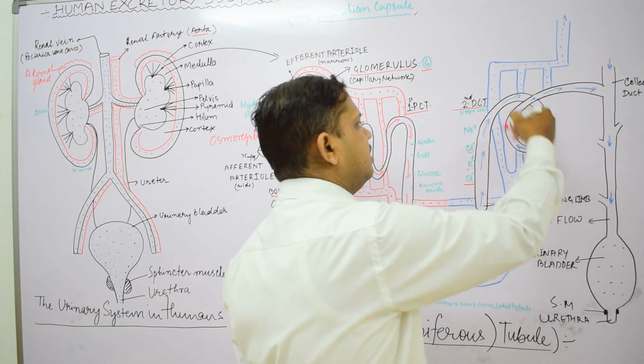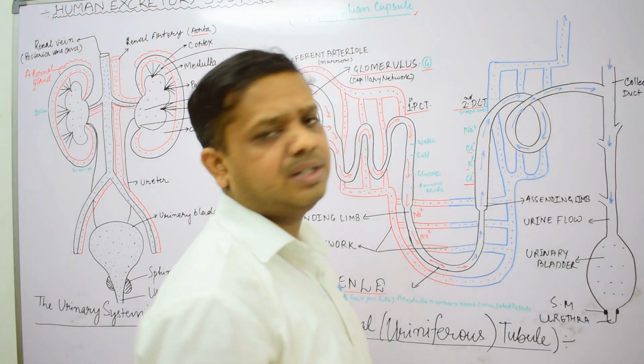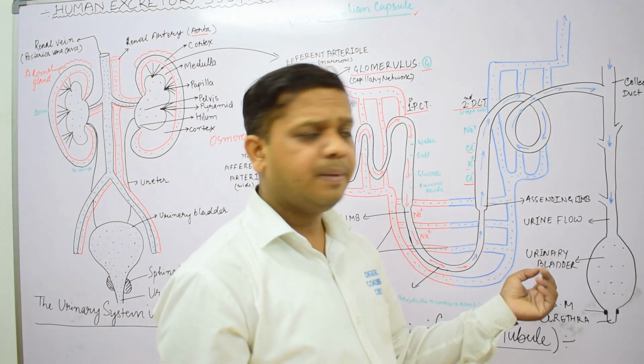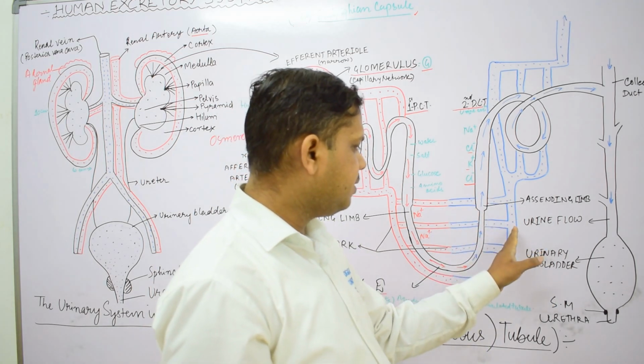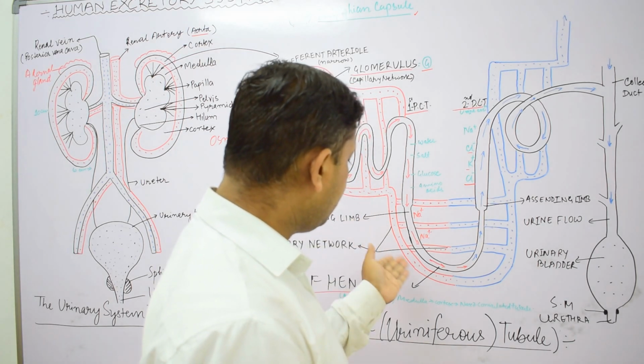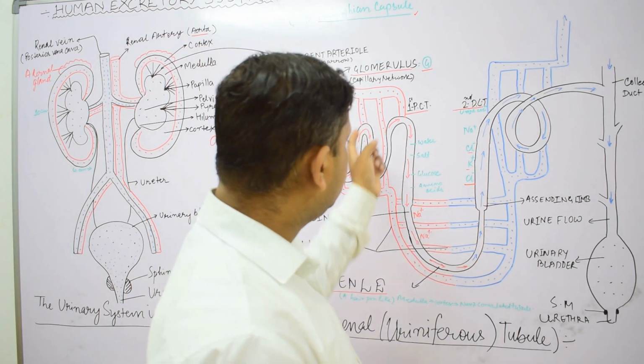In the distal convoluted tubule, if there is any essential ion which is required by the body, it will be reabsorbed with the help of the capillary network, which moves parallel to the tubules.